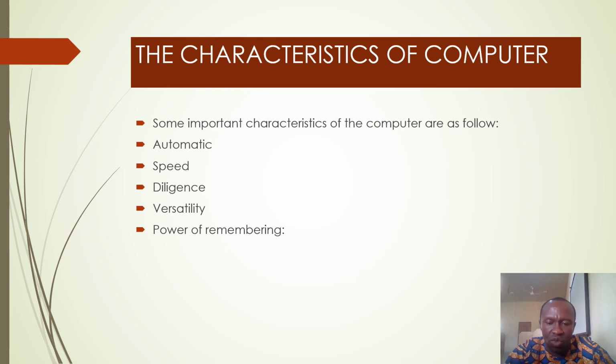When they say somebody is versatile, maybe in music, this person can play keyboard, guitar, saxophone, and drums. The person is actually versatile. And so the computer system is also versatile. Then lastly, power of remembering.